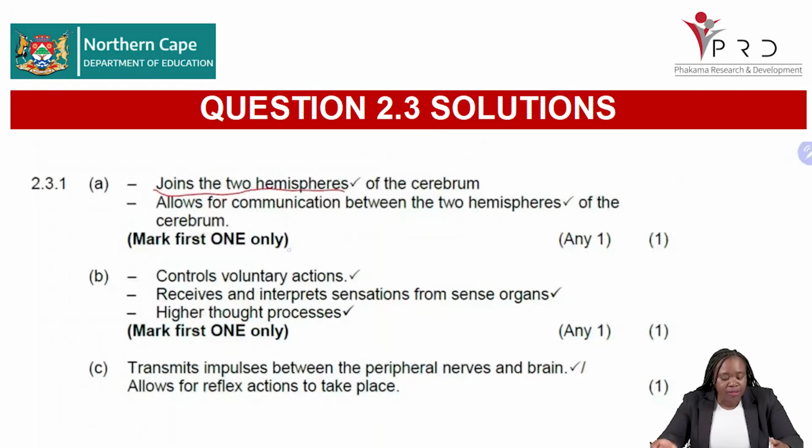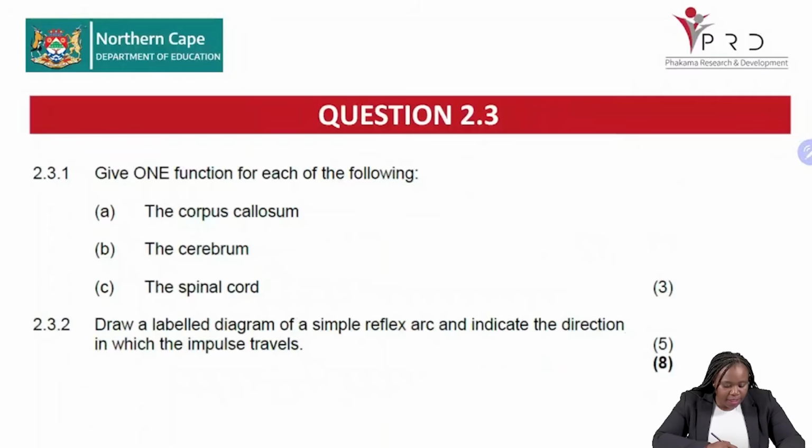So you can either say it joins the two hemispheres or it allows for communication between the two hemispheres. You don't have to give both answers because why? It is only one mark. So do not waste your time giving two answers. Right. And then the cerebrum, we know that the cerebrum is responsible for receiving all sensations. We know that it is responsible for voluntary actions, things like talking, moving, running, and so on, right?